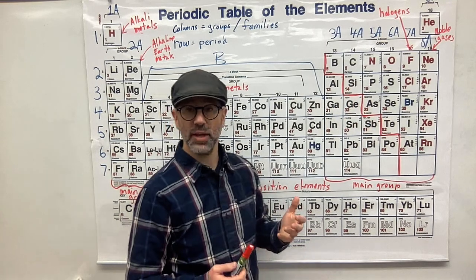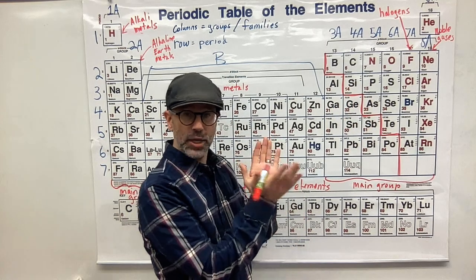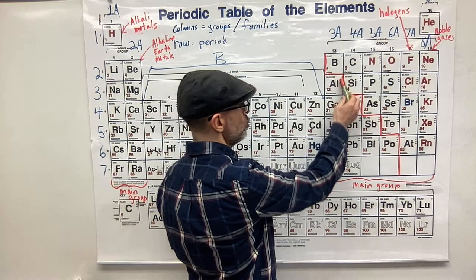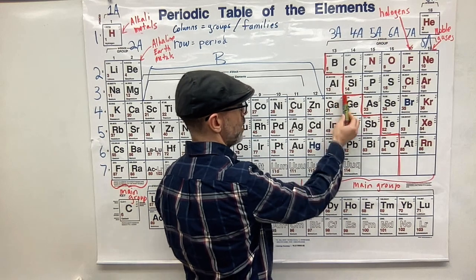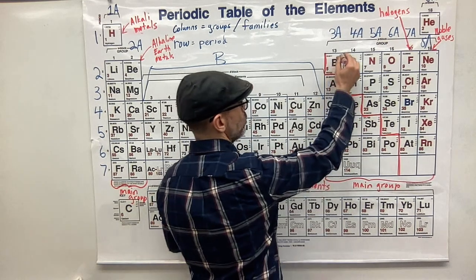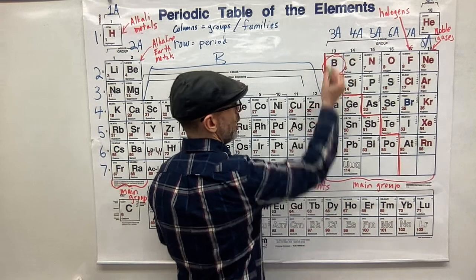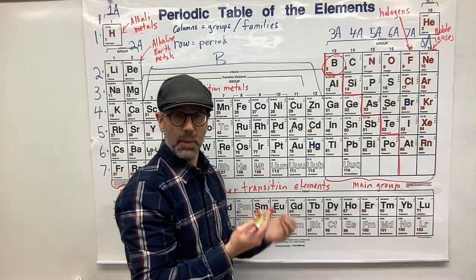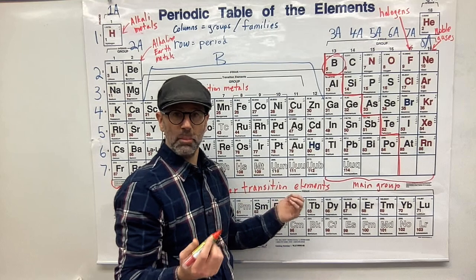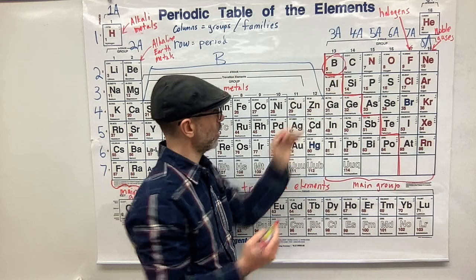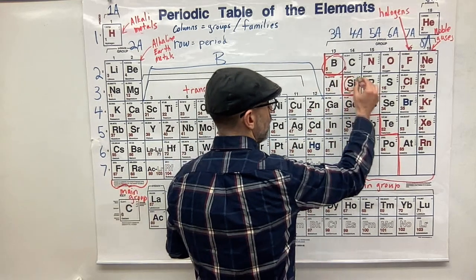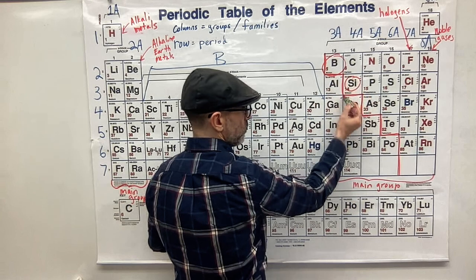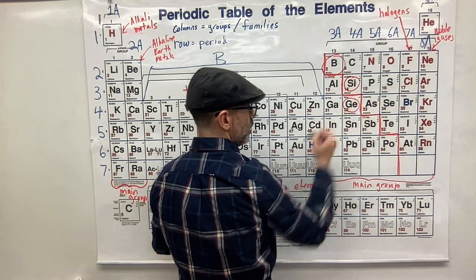And most of them are sandwiched between two lines of the stairs, right? So, for example, that would be boron, right? It's sandwiched here. Aluminum is an exception. It is a metal. We know aluminum is a metal, so that's not a metalloid. But silicon is a metalloid. It's sandwiched here.